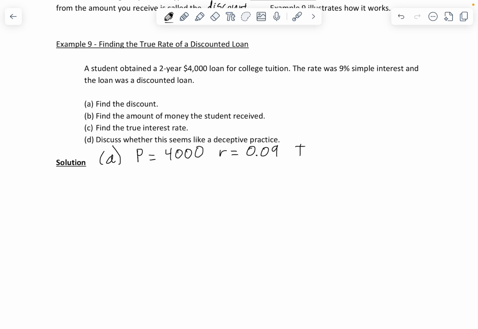The time, it says it's a 2-year loan, so time is T. So using the simple interest formula, this is equal to 4,000 times 0.09 times 2. And that works out to be $720.